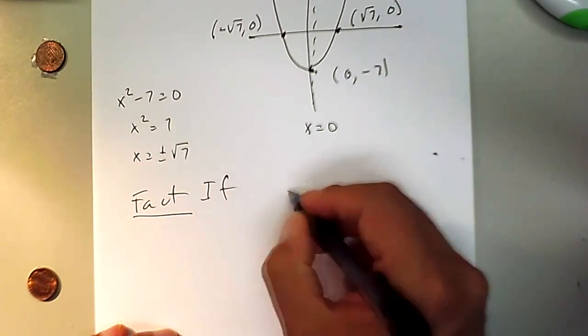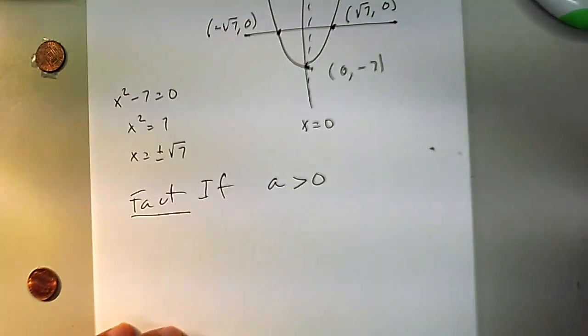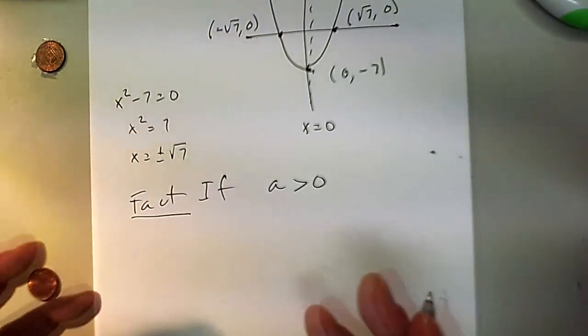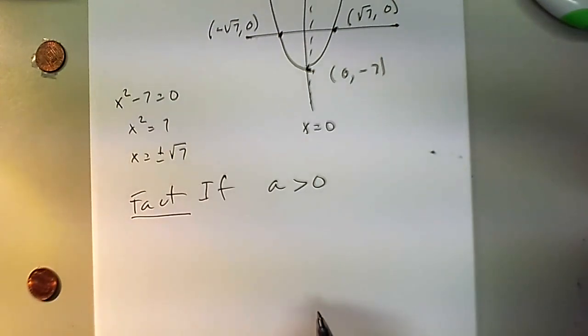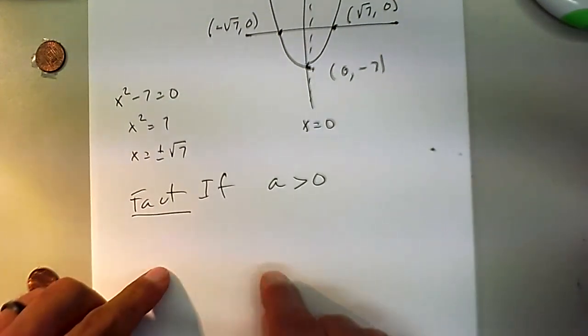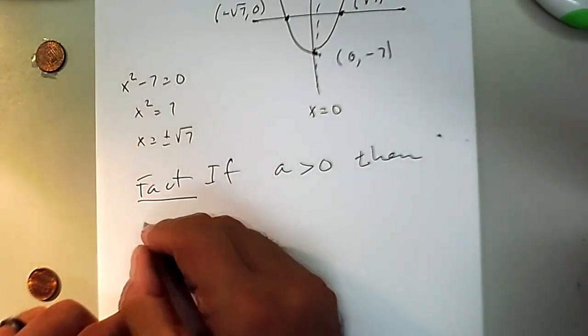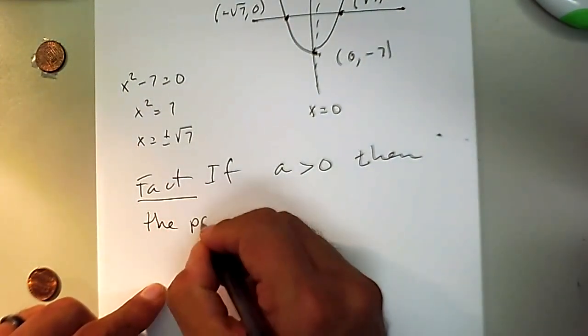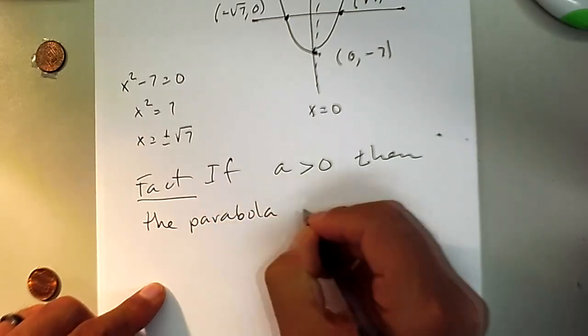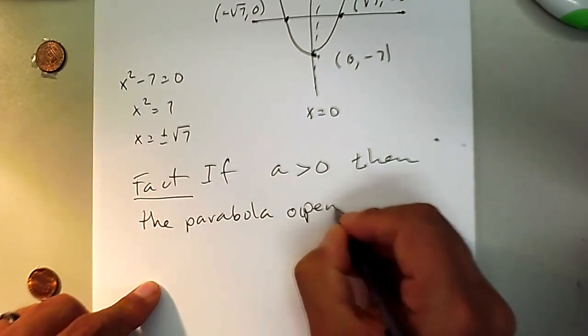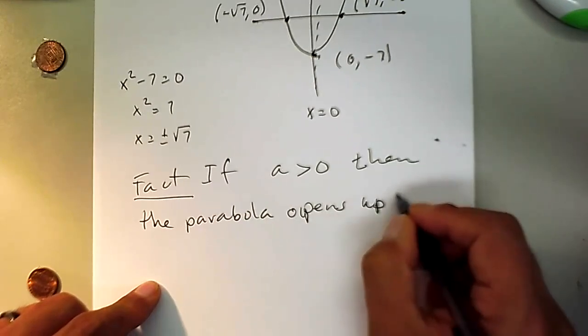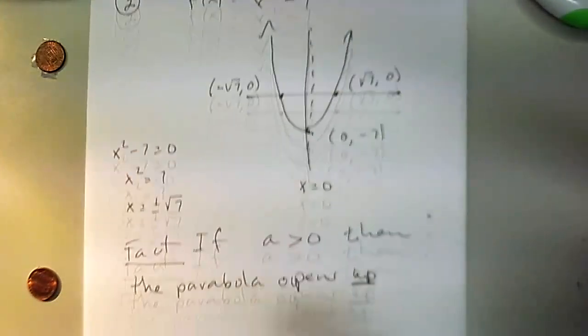If a is greater than 0, assuming that we have ax squared plus bx plus c, then the parabola opens up. So that kind of parabola.